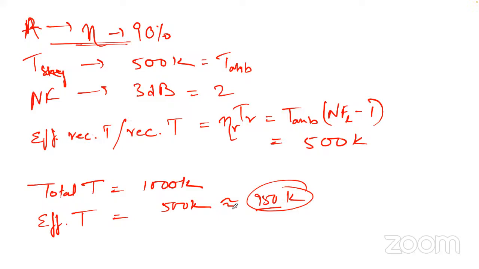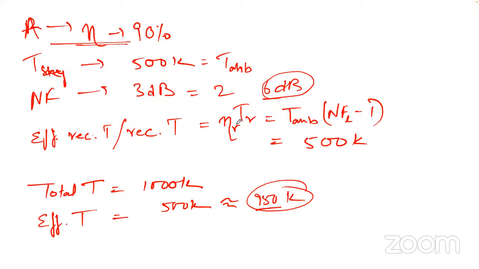Correct. This approximation holds only in specific ranges of noise figure. Say if you have an NF of 6 dB, then this approximation won't be valid. So there are specific noise figure values for which this approximation holds.